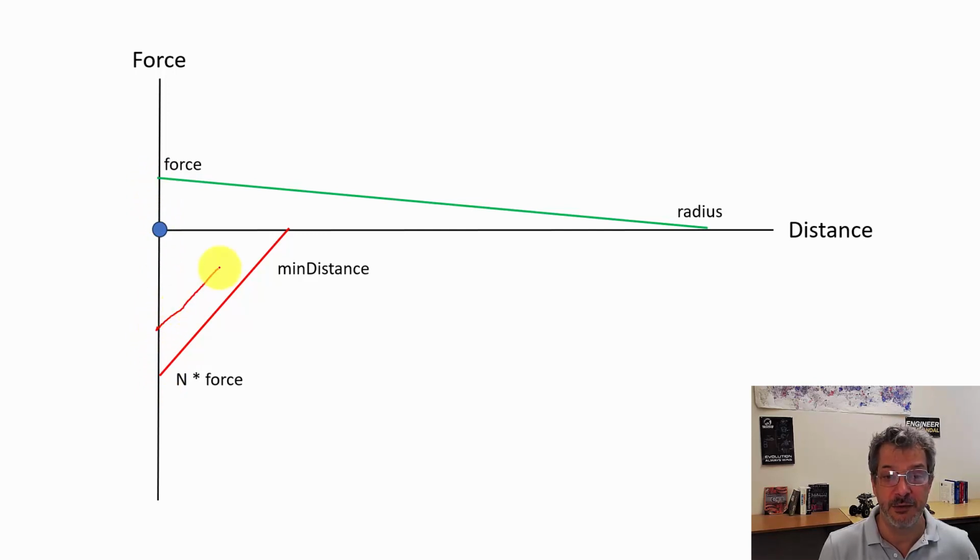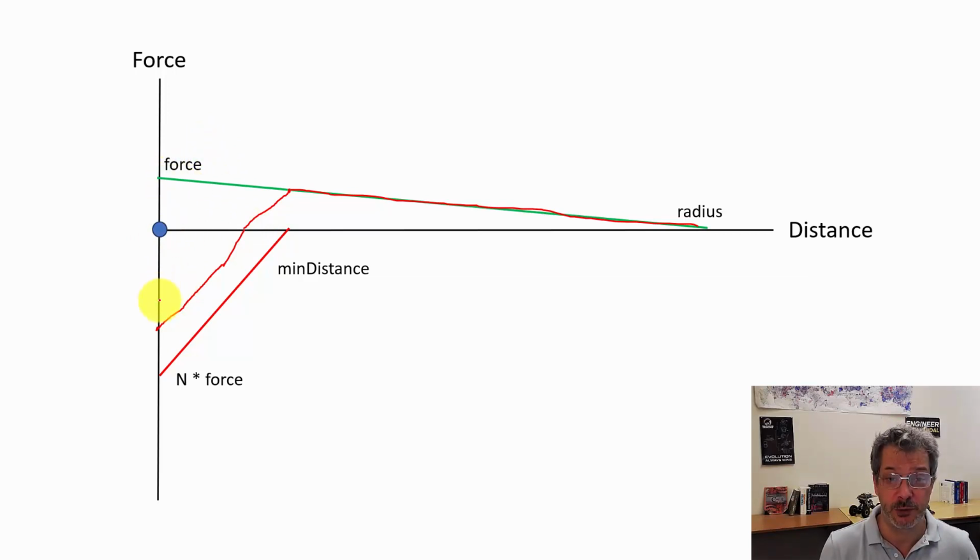Then the repulsive force decreases until the point where these two are equal, and that'll be 0 force. Now the force starts to increase until we hit this point where the repulsive force is 0, and then the force is entirely determined by the primary force. So you get a similar curve with a peak in the middle, and this force could also be a repulsive force.